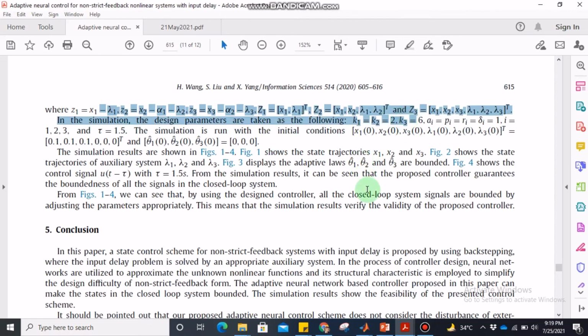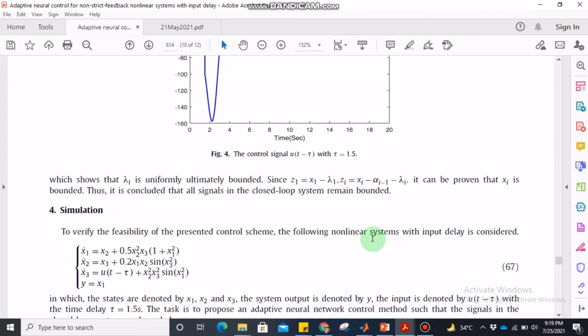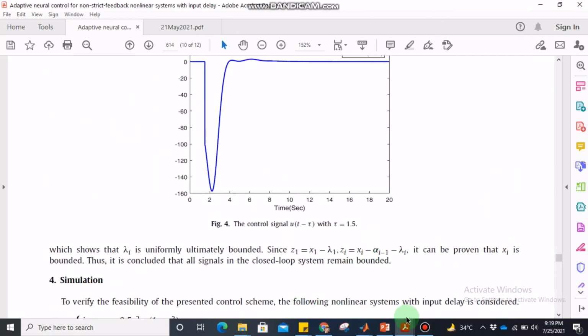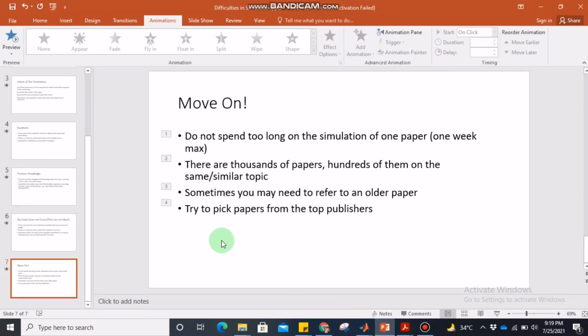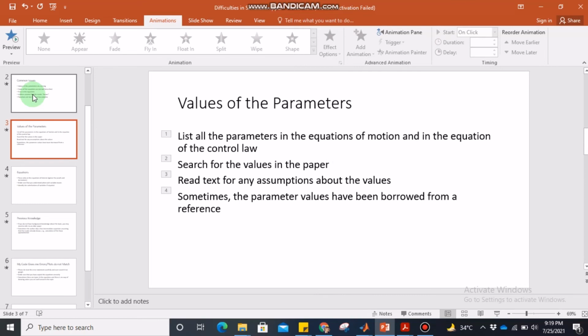All of these you have to go through and try to understand. Now coming back to this, first of all, just look at a couple of videos that I have posted the link to in the description of this video, and see how I simulate the paper.